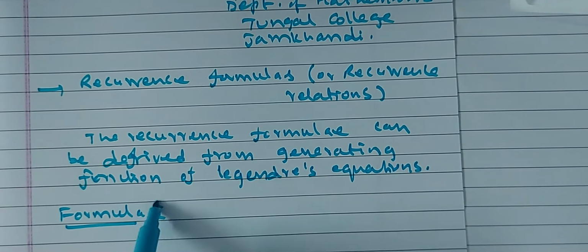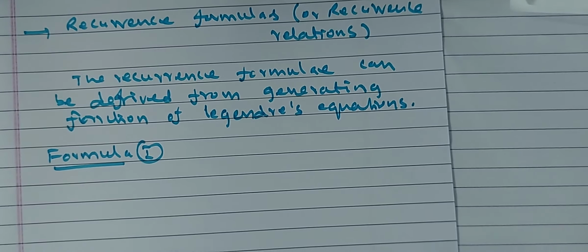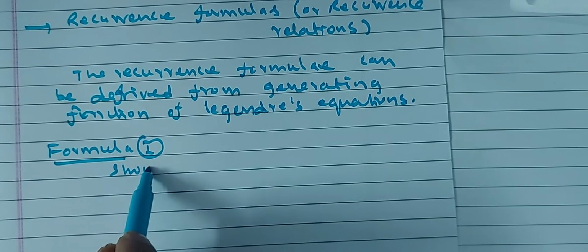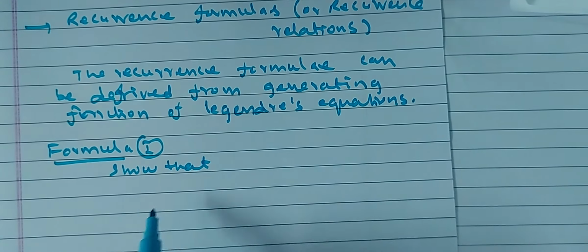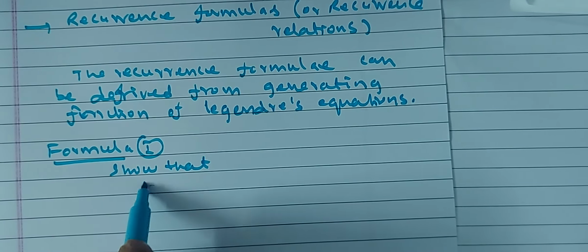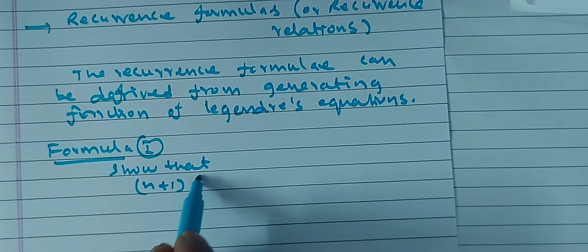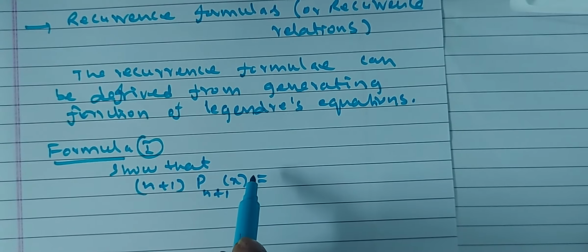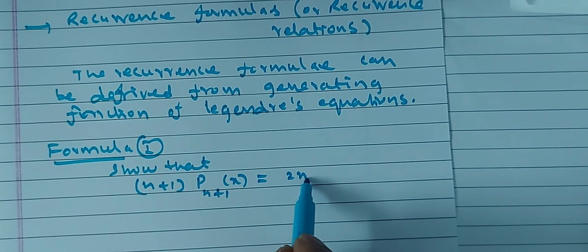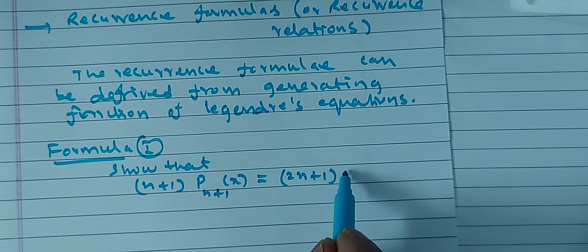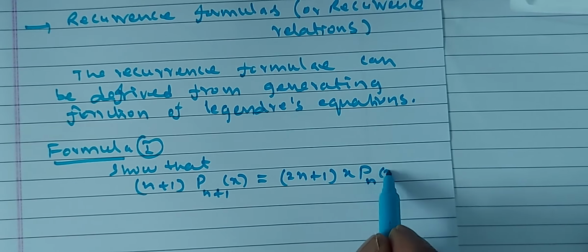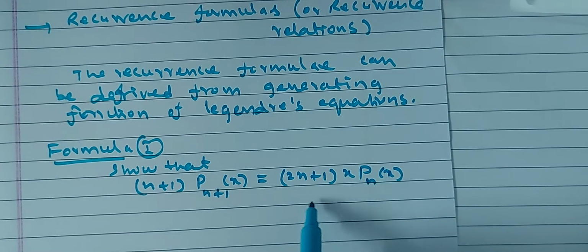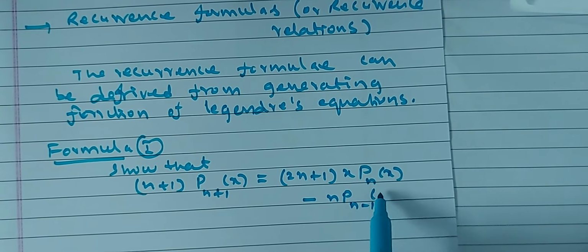Formula 1: show that (n plus 1) P n plus 1 of x is equal to (2n plus 1) into x Pn of x minus n Pn minus 1 of x.